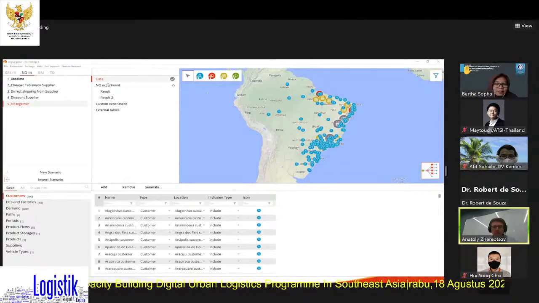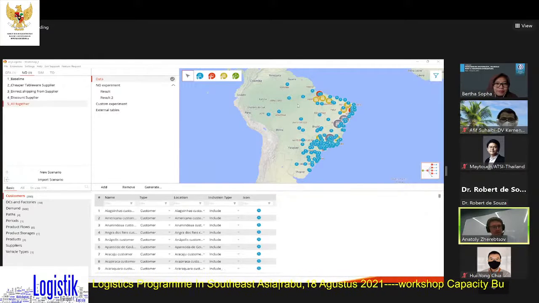Yes, there are two options. AnyLogistix can be used as a solver behind your website, so that the data are transferred to the AnyLogistix database. It runs the optimization and provides back the result, which is again written to a database, and then the website shows this result from the database.